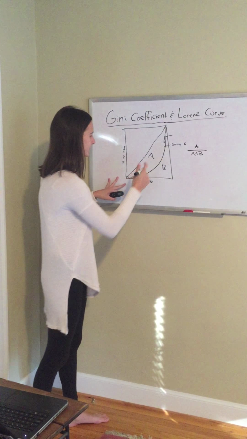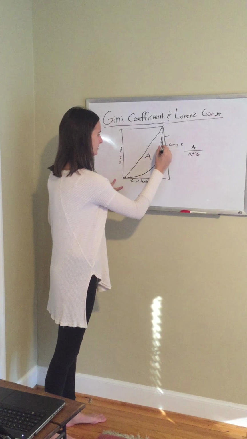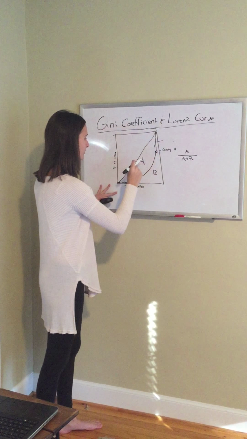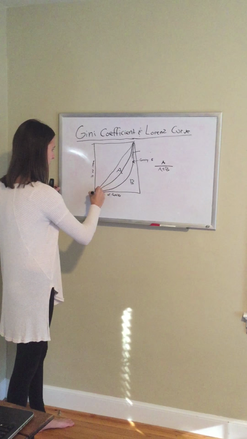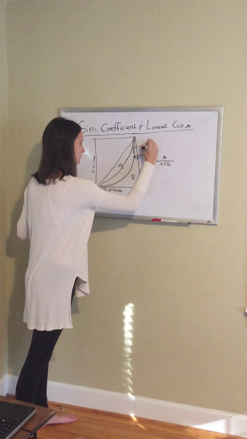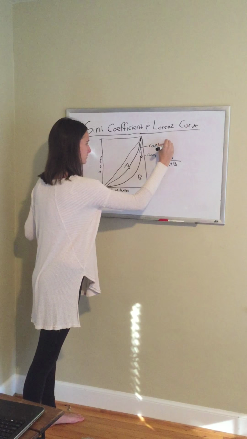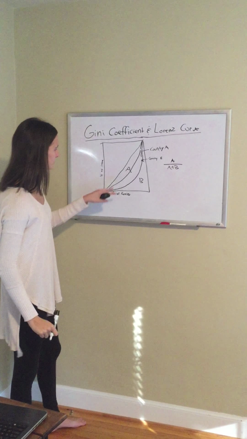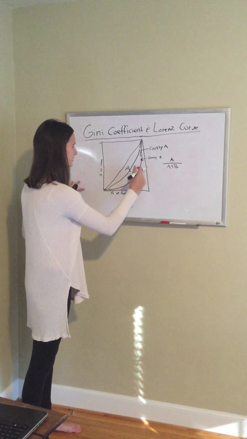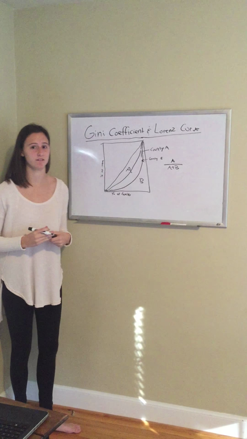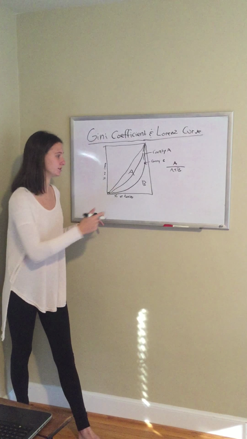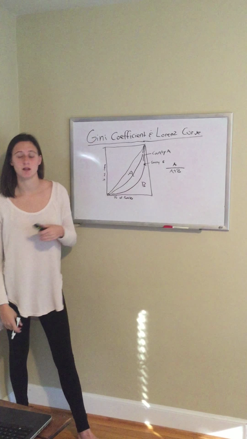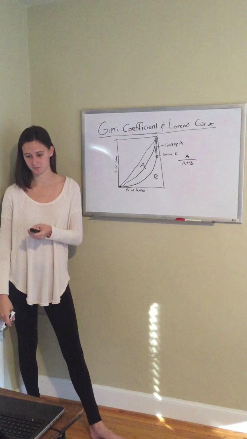So basically, now I'm going to draw back in country A. Country B should have a higher Gini coefficient than country A because it reflects more income inequality.